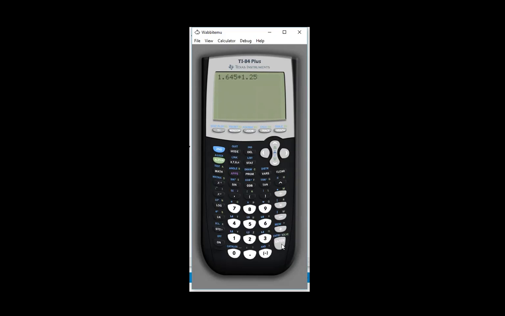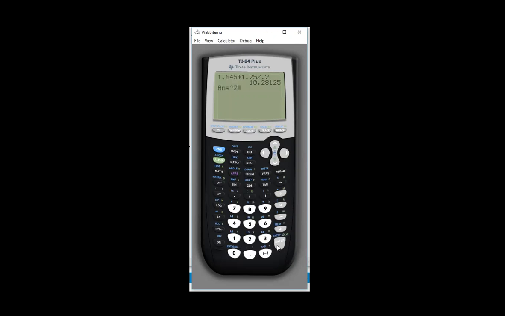And if you want, you can hit equals right now. This calculator will follow order of operations, so I'm just going to divide by the 0.2. I can do this because I'm multiplying. If I were adding, I would have to either use parentheses or do that operation first, because we still have to follow the order of operations. So I'm going to divide that, so that's what the inside's equal to, and now I'm going to square that.